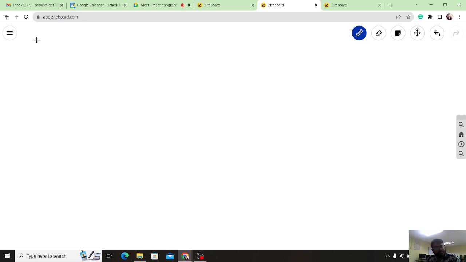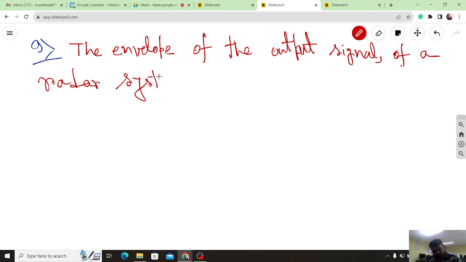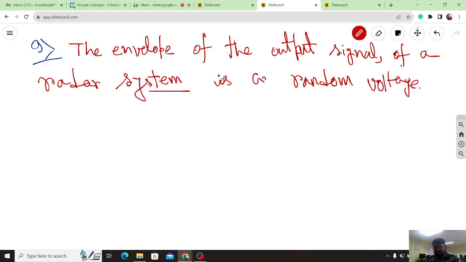Question number 9. This says the envelope of the output signal of a radar system is a random voltage y.